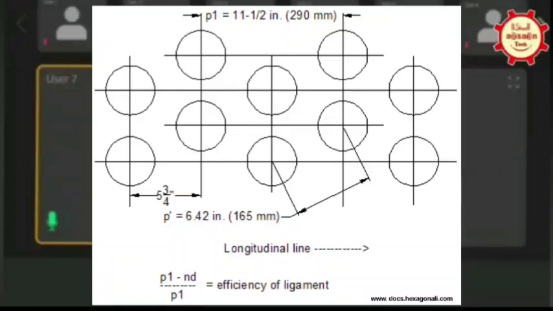Sometimes the tube pitches are different, so the circumferential pitch is different and the longitudinal pitch is different. So you will get different efficiencies, take the lower efficiency, and then calculate the thickness. That is the main idea. The formula is there, so I think there is no worry on that.